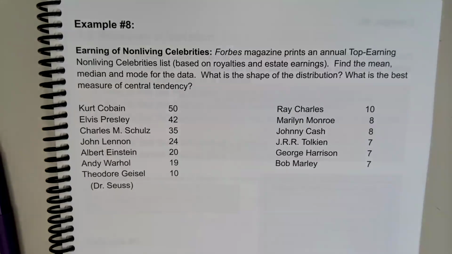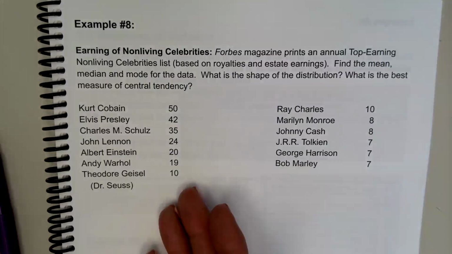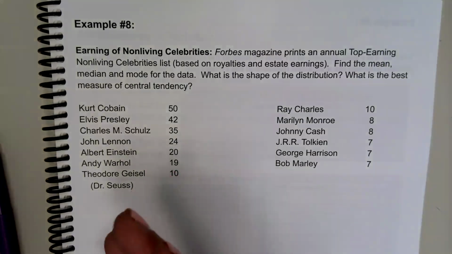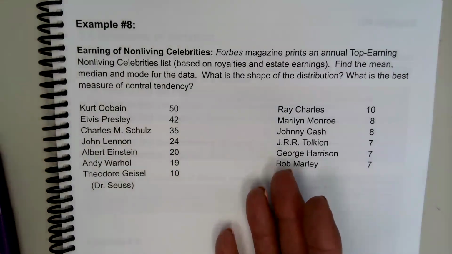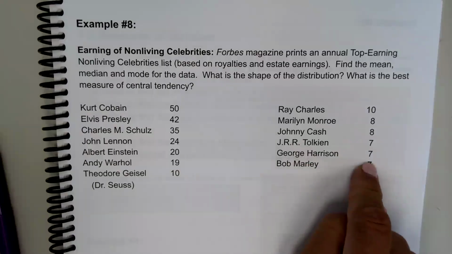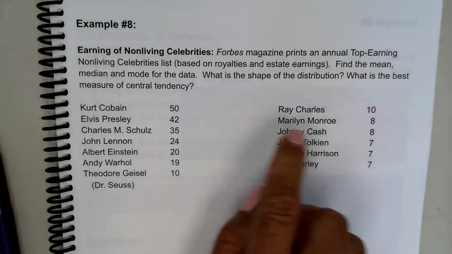So that means that like Michael Jackson, he passed away, but he's still earning money because his music is still being sold. He's not even on this list. Bob Marley is still making money, royalties and earnings. So this is, I'm guessing, maybe in millions a year. It does not give us that.